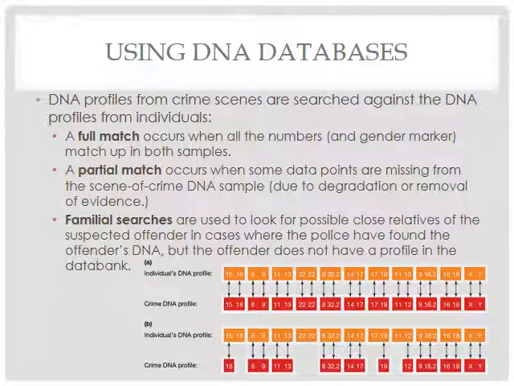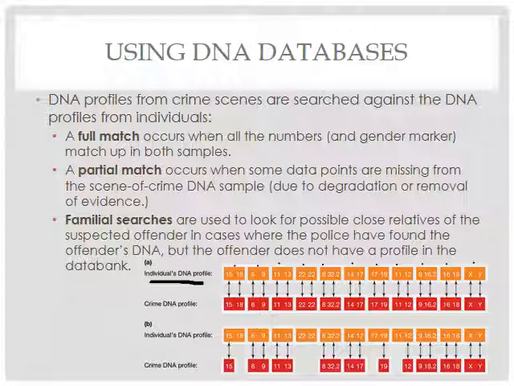How does it work? You have your DNA stored in the database of all of these different people that have been offenders before. If we look at this picture here, there's the DNA profile of an individual that has been stored on the data bank, and we can assume that this is, let's say, 10 different STR locuses, and then a gender marker.